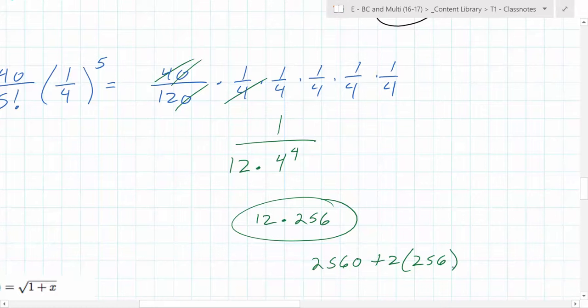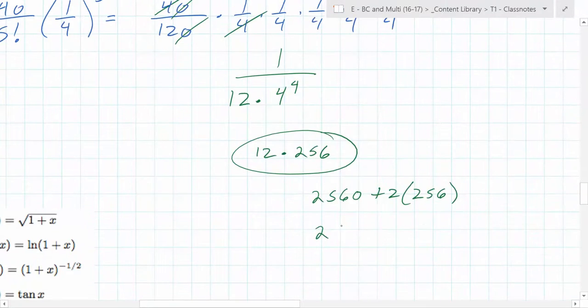I'm showing you what I do in my head: 12 is 10 plus 2, so I did 10 times it and 2 times it. So that's 2,560 plus 512.